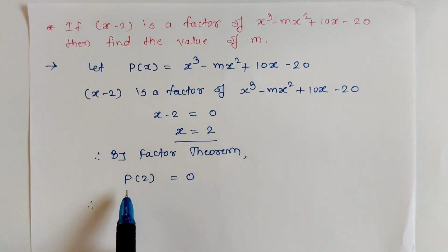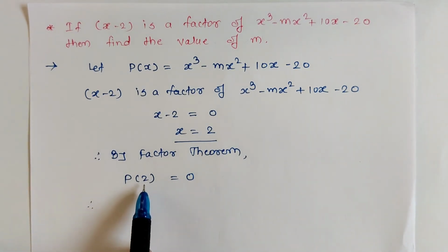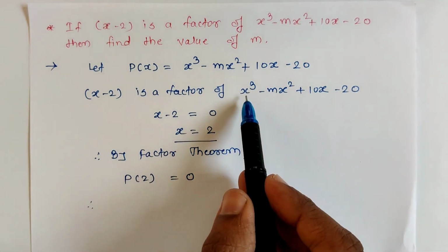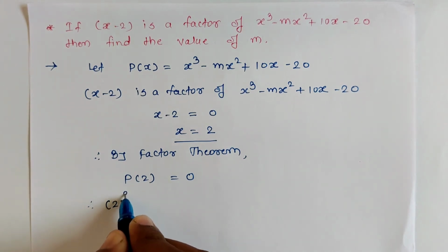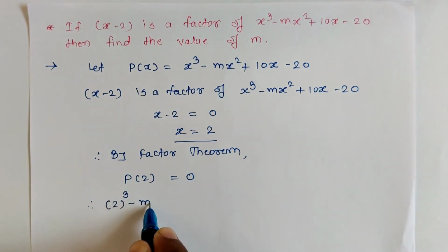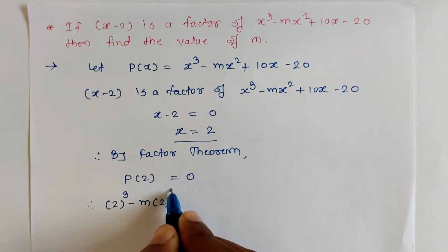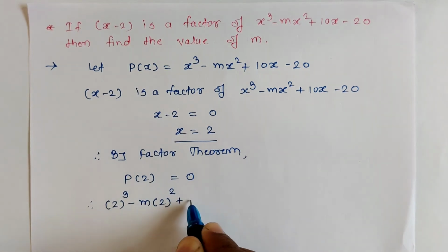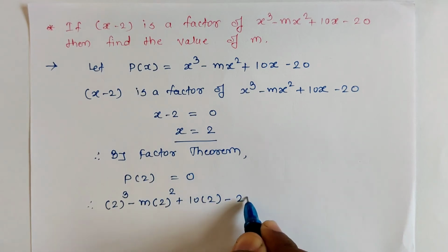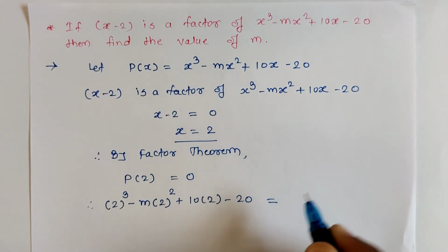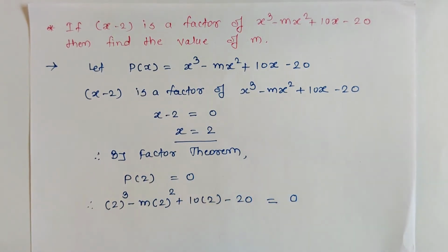Now to find the value of p of 2, we have to replace the variable x in the given polynomial by 2. That is, x cube means it should be 2 cube, minus m into x square, it is m into 2 square, plus 10 into x, that is 10 into 2, minus 20 is equal to 0, the right hand side as it is.